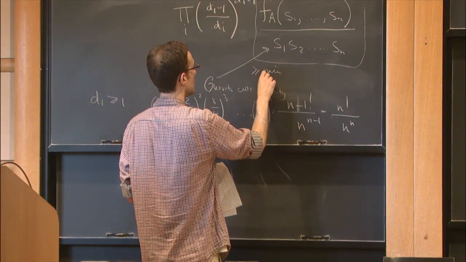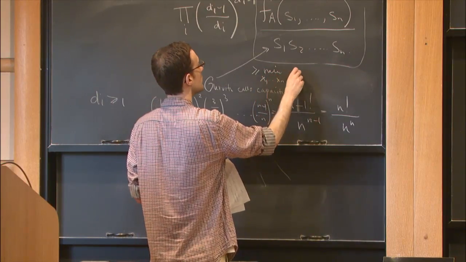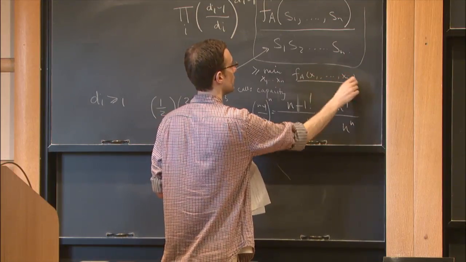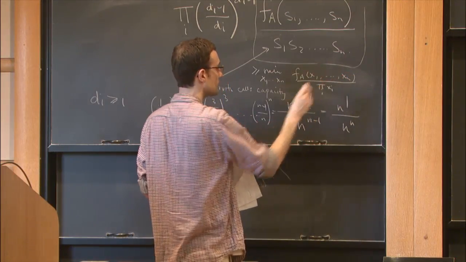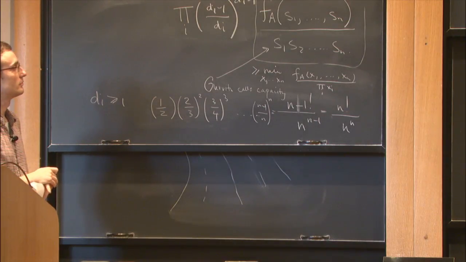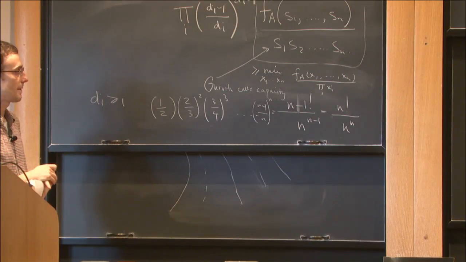min over x1, ..., xn of fA(x1, ..., xn) over the product over i of xi, over all the non-negative guys, right?